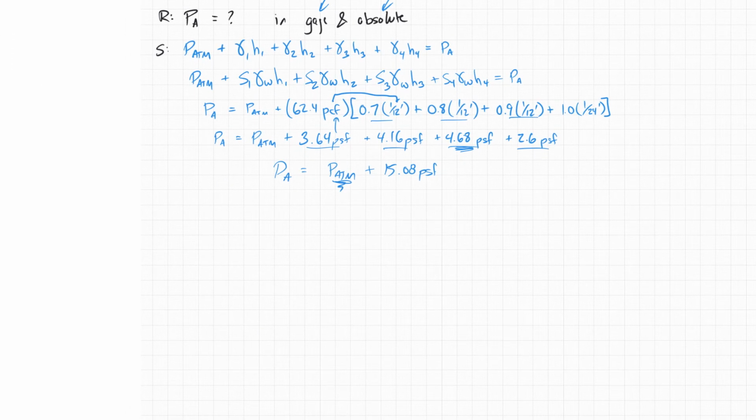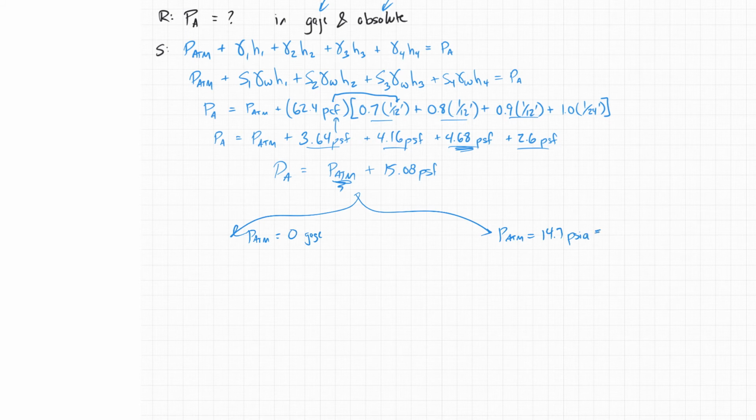So I'm going to split it in 2 ways, with the difference being over here PATM equals 0 gauge, and over here PATM needs to equal something. Considering we're in the English system, typically it's 14.7 PSIA, absolute.